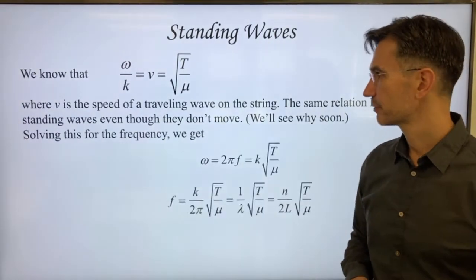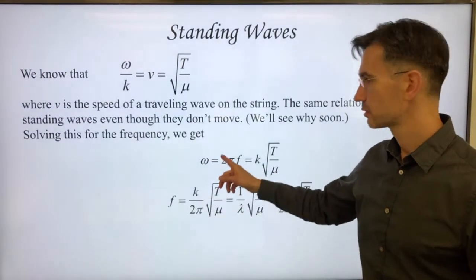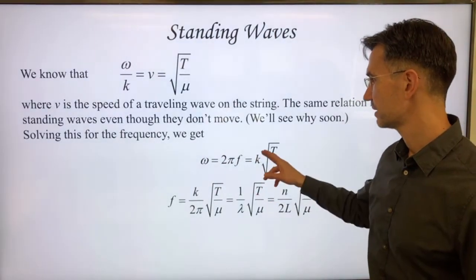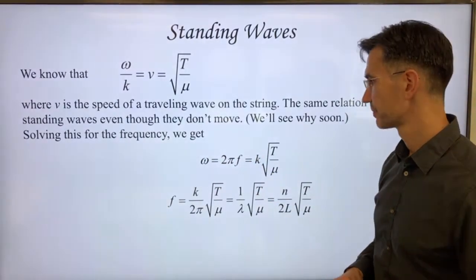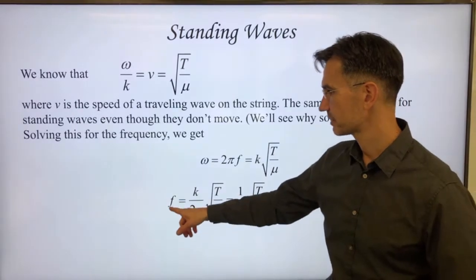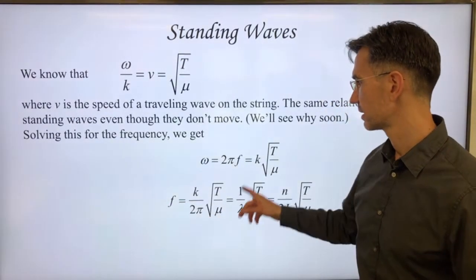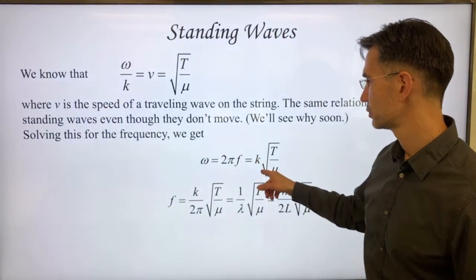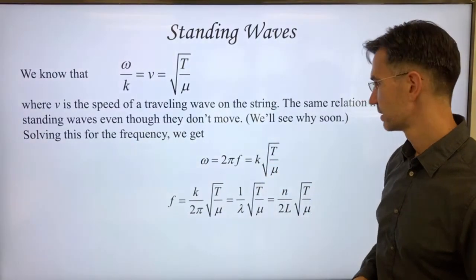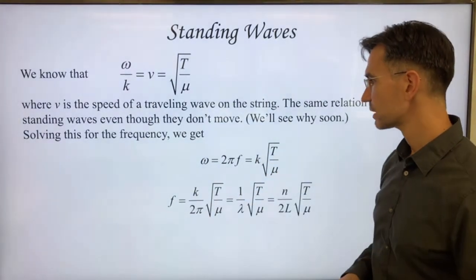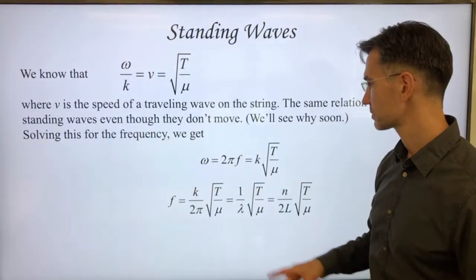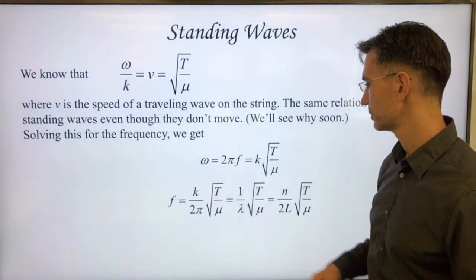So if we solve for the frequency, we get that the angular frequency is 2 pi f, that's k times the square root of T over mu. So then we can find an expression for the frequency: f is k over 2 pi times square root of T over mu. And then k we can express as 2 pi over lambda. So then we have 1 over lambda times square root of T over mu.